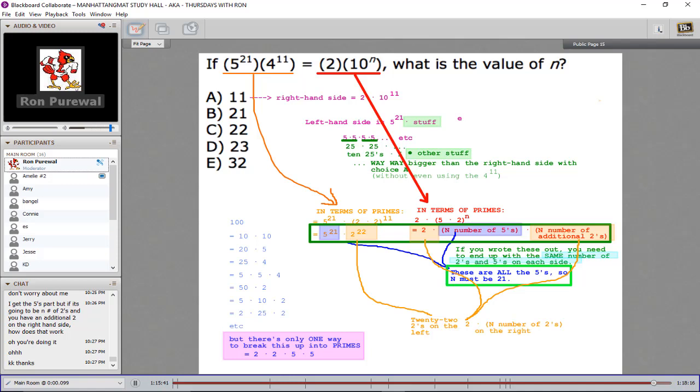So in other words, if you have this, then that has to be 22 2s. Therefore, n has to be 21 because of that additional 1. Give me a smiley face if that makes sense.